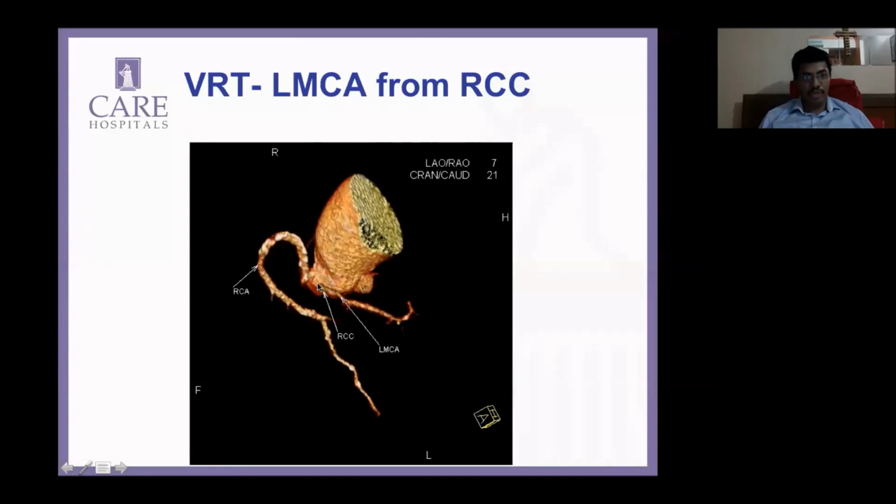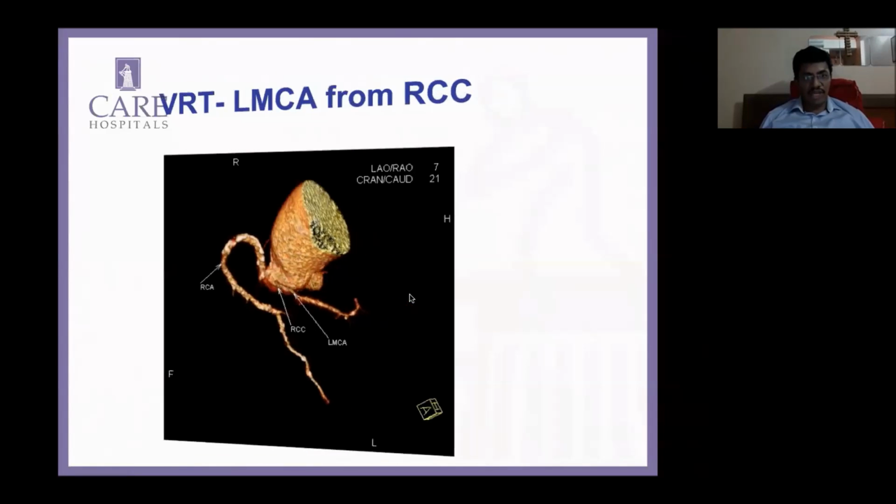I've removed the pulmonary artery and other vascular structures to show you the independent origin of both the vessels. Both are coming from the right coronary sinus. And you can see the left main coming off in between, with an interarterial course between the aorta and the pulmonary artery, snaking out. These are VRT images.